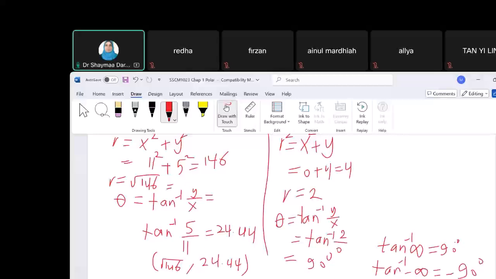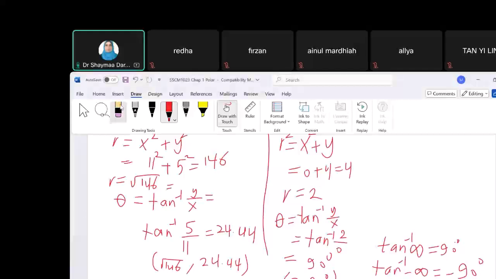Tan inverse minus infinity is minus 90 degrees. So 2 over 0 is infinity, so the angle is 90 degrees. Tan inverse infinity is 90. So your point is r is 2 and theta is 90 degrees.